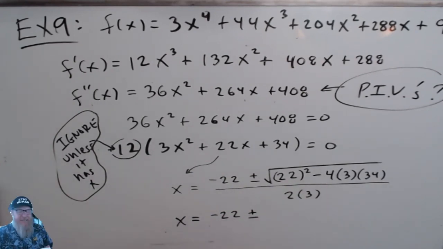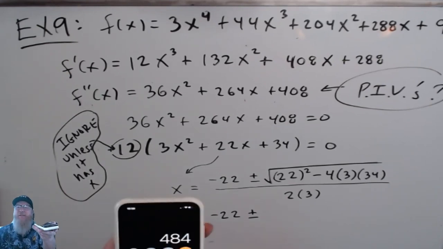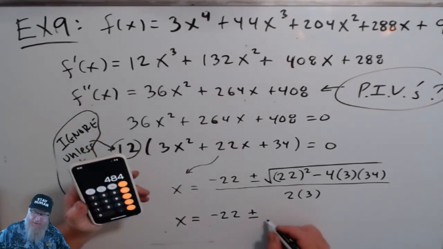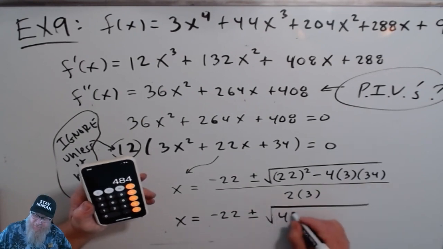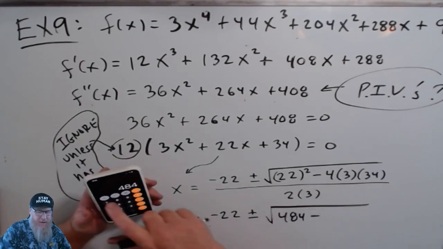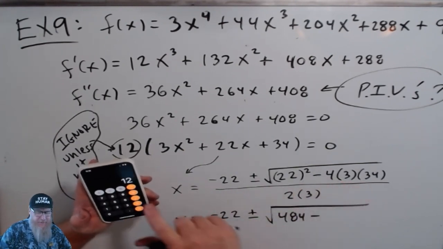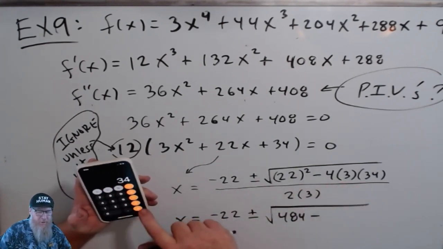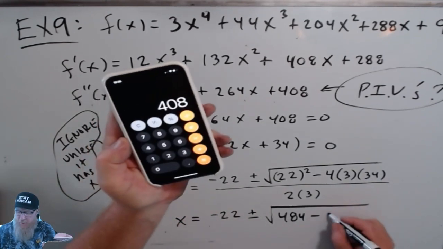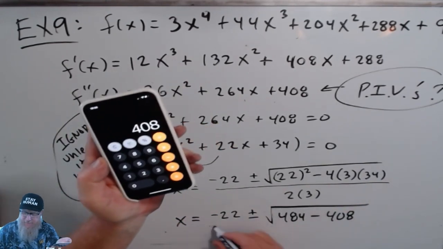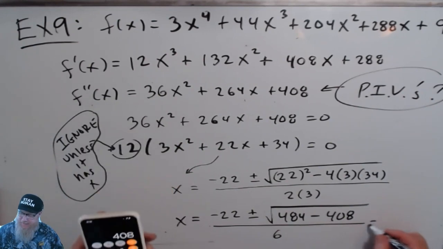Again, if you have a fancy calculator, they make calculators now that do all this for you. I'm just using my cell phone because it shows up nicely on the camera. So you get 484 minus 4 times 3 is 12 times 34 is 408, over 6.